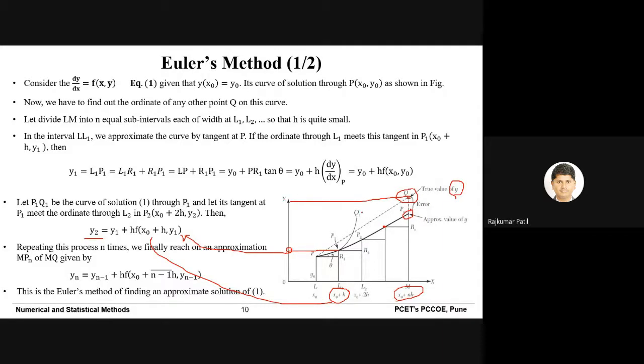But with the help of Euler method, we get an approximate value of y for point Q, which is somewhere here. And whatever will be the difference between these 2 points, that is approximate value of y and true value of y, that will be called the error.